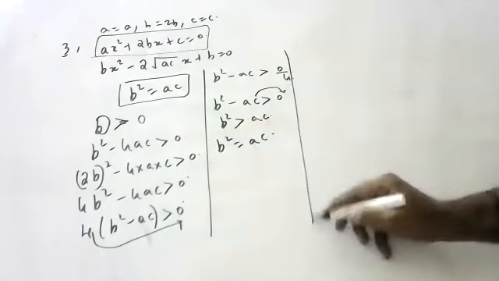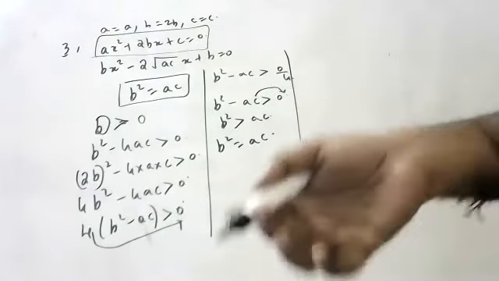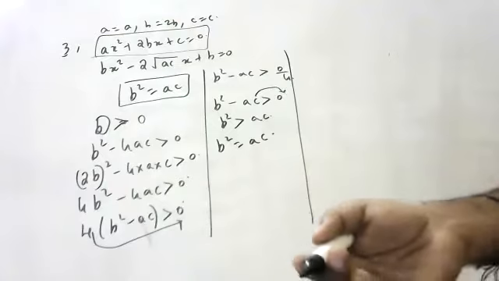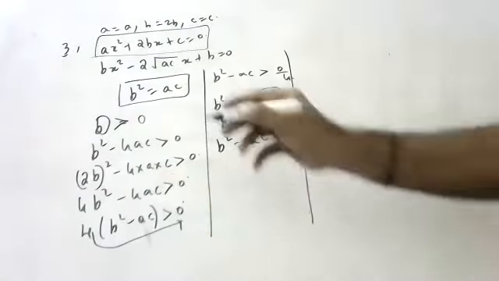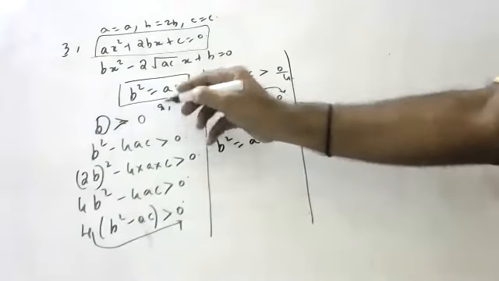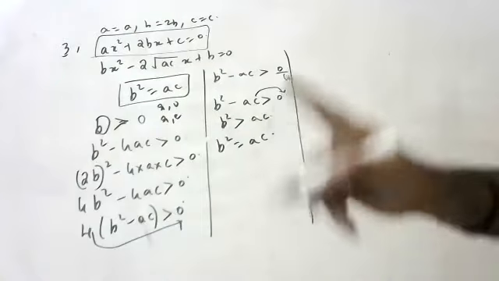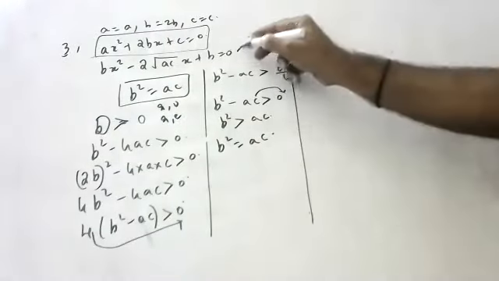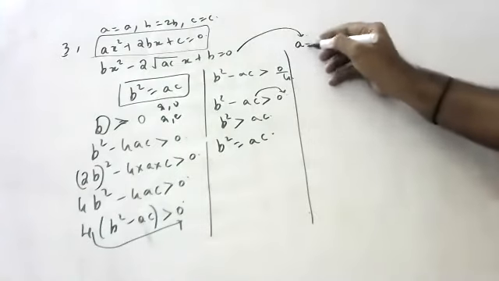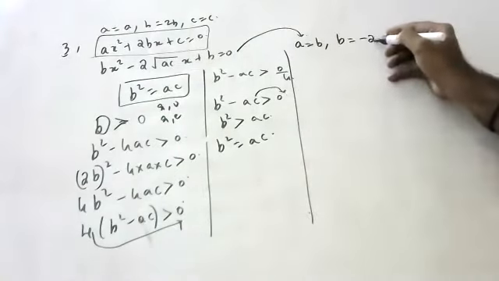Greater than or equal, but not less than. Real can be greater than 0 or equal to 0: real and unique is greater than 0, real and equal is equal to 0. Here also we will show. What is a here, children? What is b here, children?